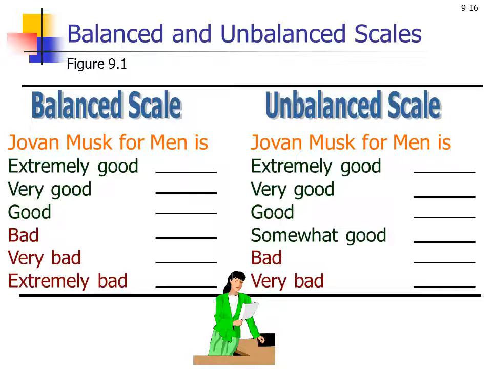If an unbalanced scale is used, the nature and the degree of imbalance in the scale should be taken into account in data analysis. And this figure shows the balanced and unbalanced scale.